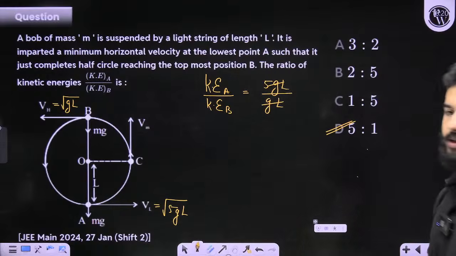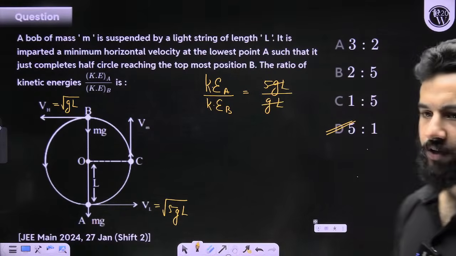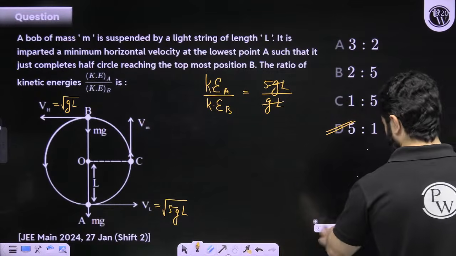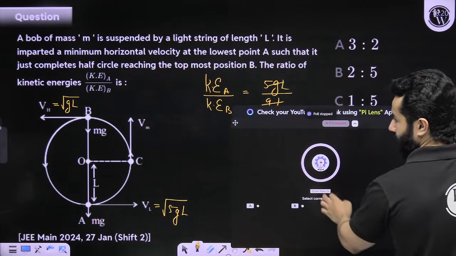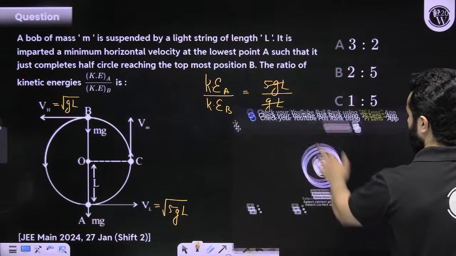Clear? 5:1 is the correct answer. Option D.